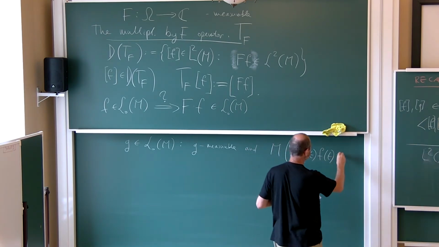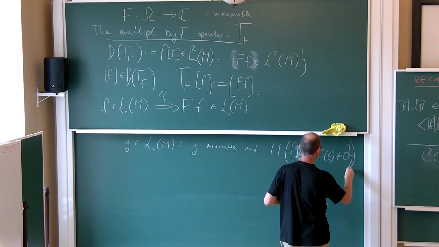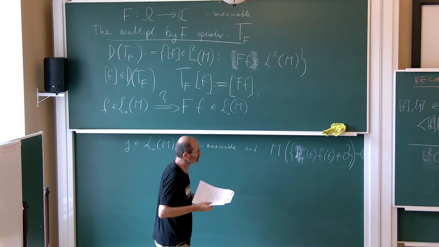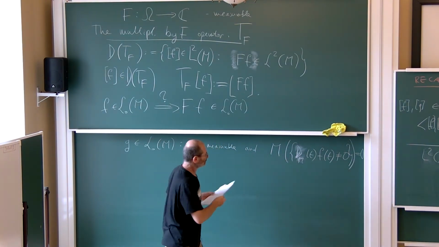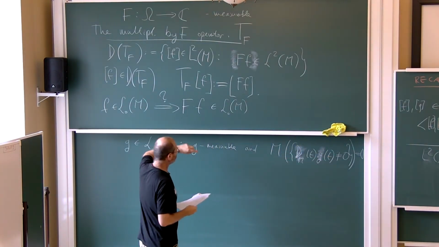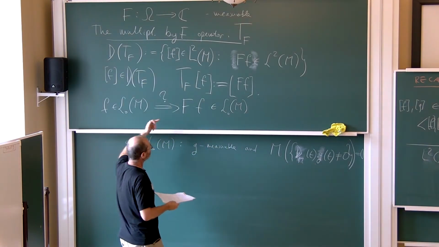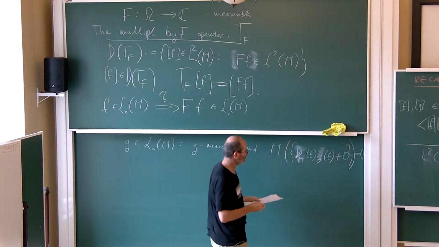Yes, so this set, when it's not 0, should have the measure equal to 0. Matrix measure or trace measure, it's the same. So this condition is not for f but for g. It was for g. So we assume this for f, and we ask this for f capital times f.